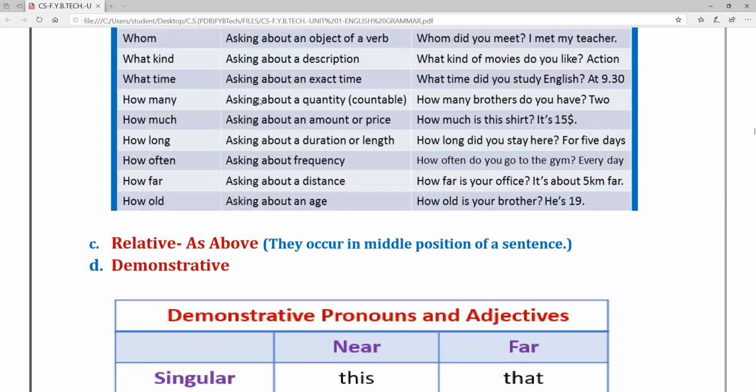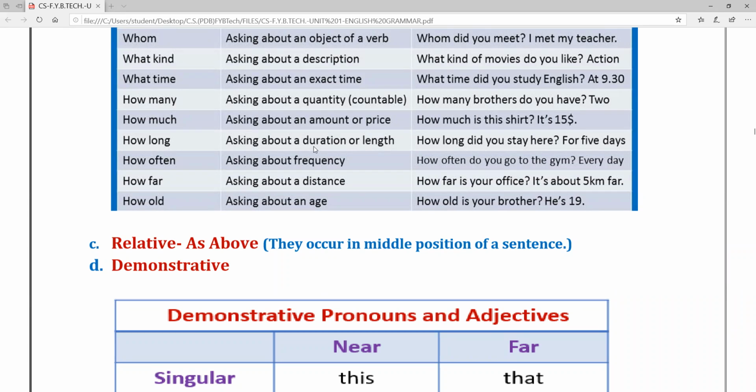How many for asking about quantity which is countable. Okay, for asking about the countable quantity we use how many. Okay, and for asking about uncountable things we use how much. Okay, for example, amount or price.